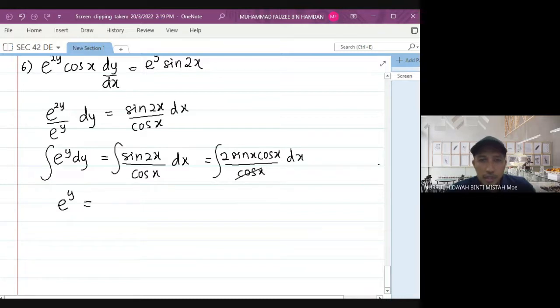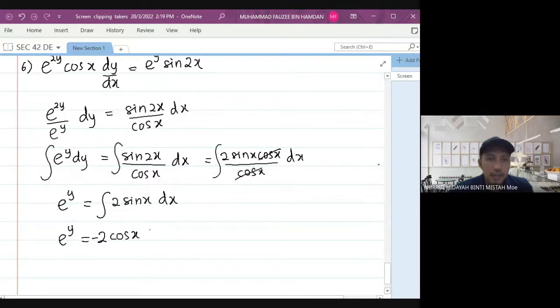So we can simplify this one. We just need to integrate 2 sine x dx. So finally our answer is e to the power of y equal to negative 2 cos x. Don't forget plus a.